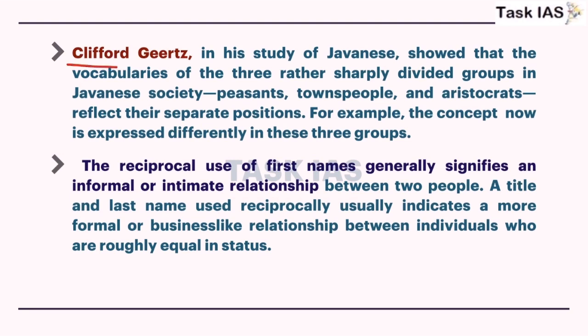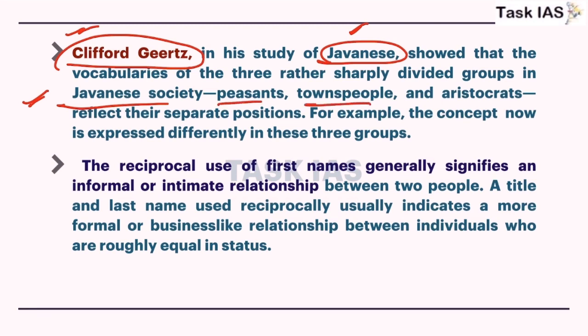Now, Clifford Geertz, in his studies of Javanese society, that is a study in Java, mentioned that there are three kinds of divisions: peasants, townspeople and aristocrats. They have different words for the same object. So it again indicates how social status has influence on language.